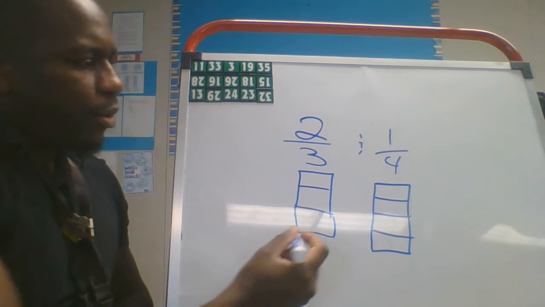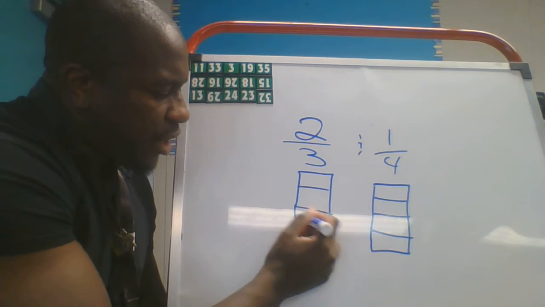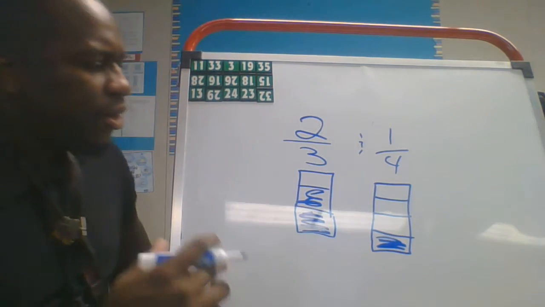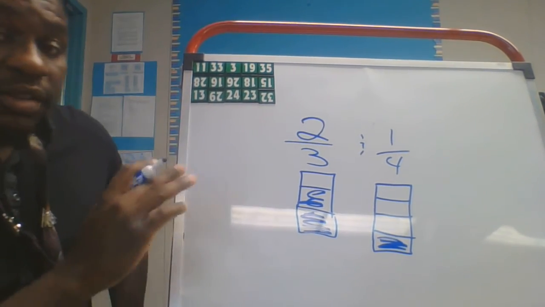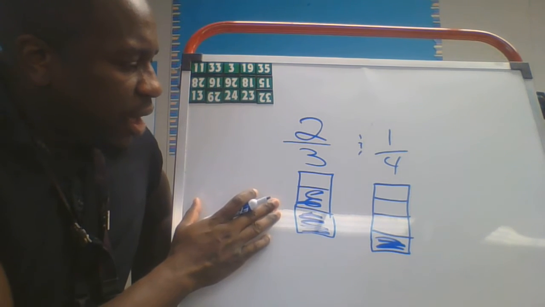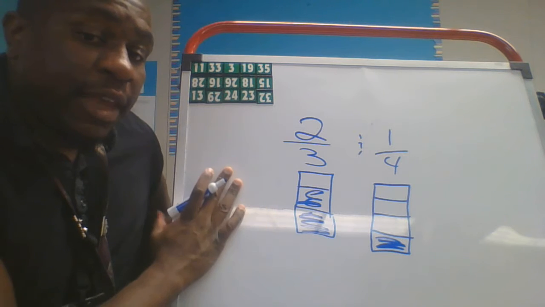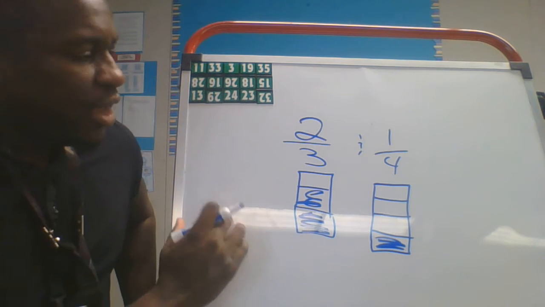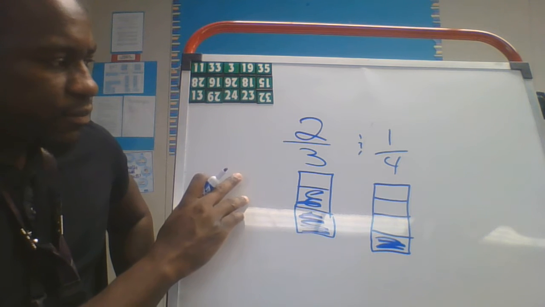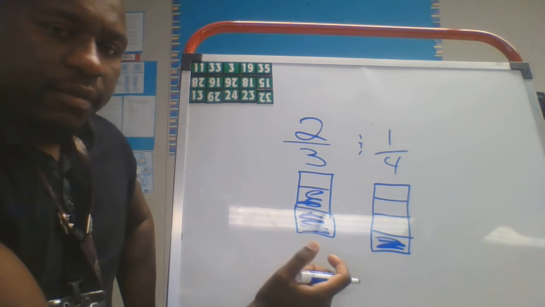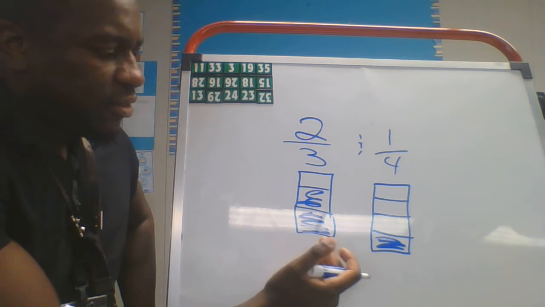So 2/3 here, shade in those two, and I have 1/4 here. Because the denominators are different, it's going to limit what we can do with these fractions. Oftentimes you're going to be asked to change the denominators into something that's equal so that we can compare the same with the same.